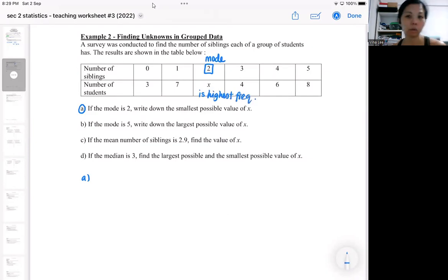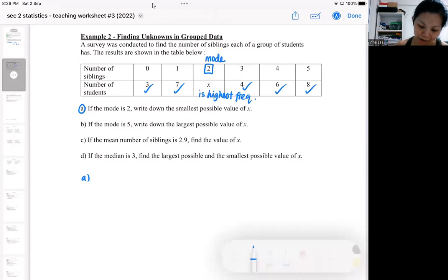So it has to be higher than all the other numbers here. The smallest it can go will be 9. If it is 9, then it is already higher than the rest.